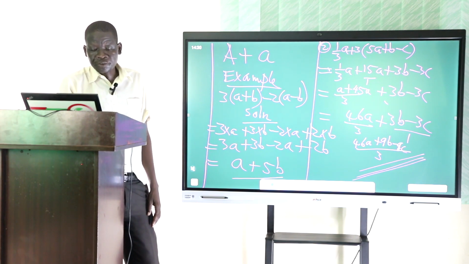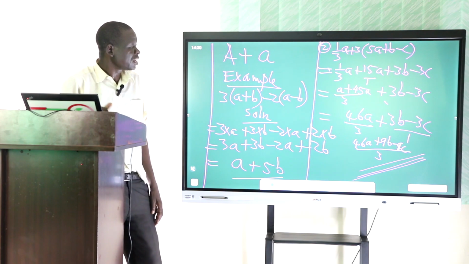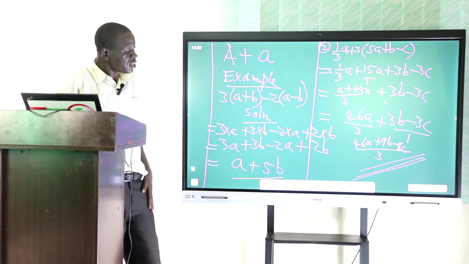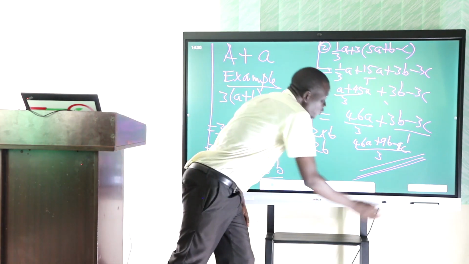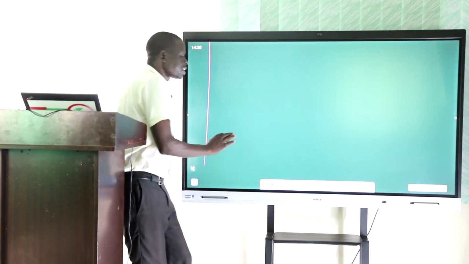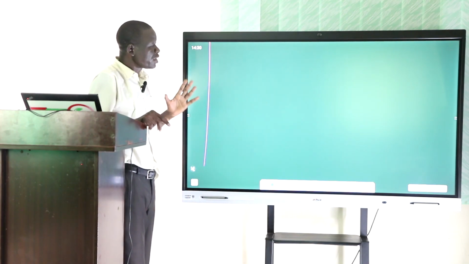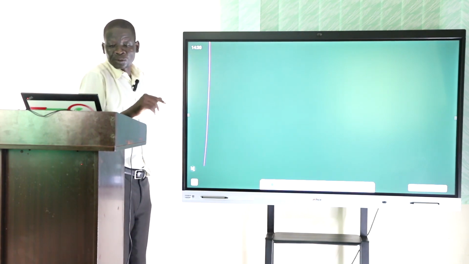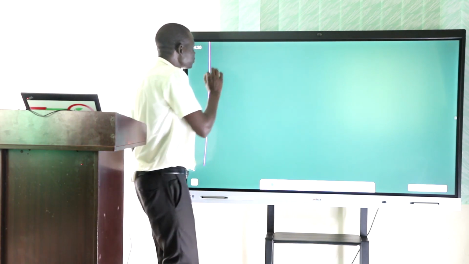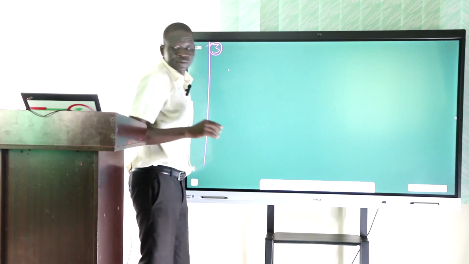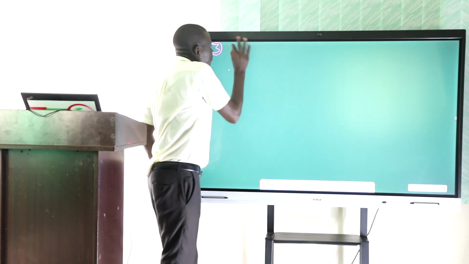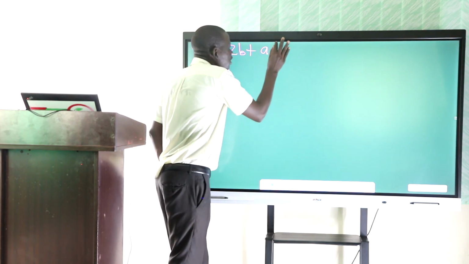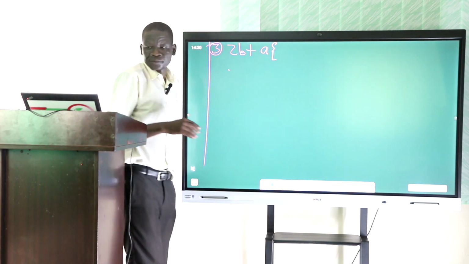We also have another expression which is a bit in a complex form, consisting of different brackets. Still, the process is the same. We can look at another example which has many brackets. Let us see how we remove all these brackets. For example 3, we have 2b plus a, then we have a bracket here.